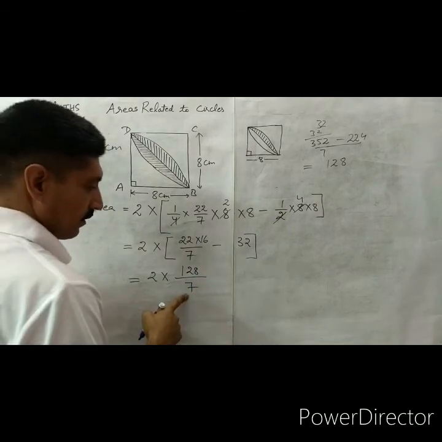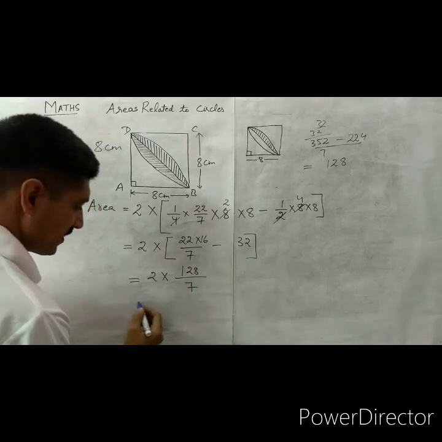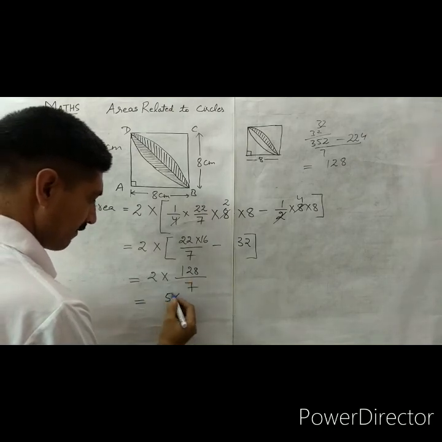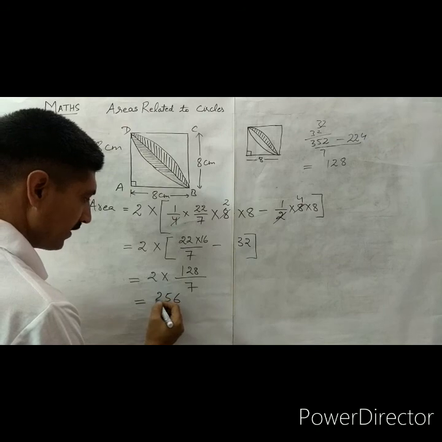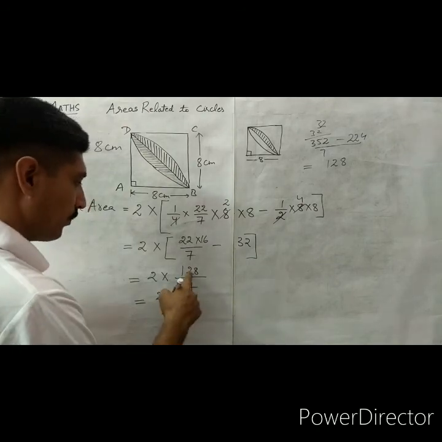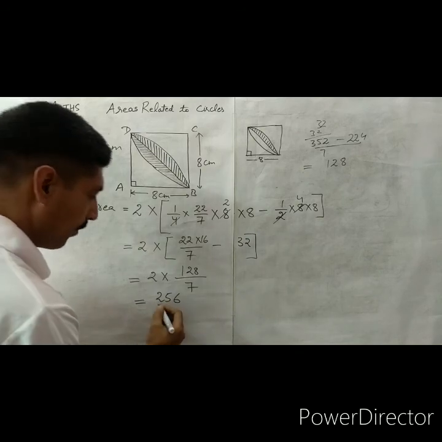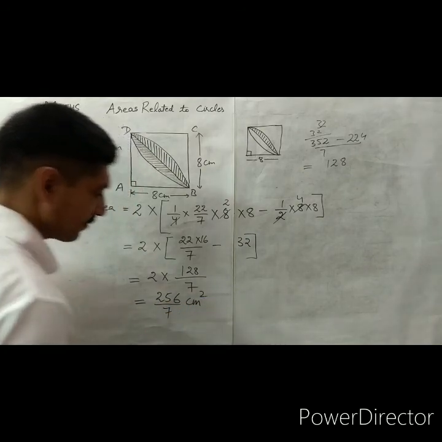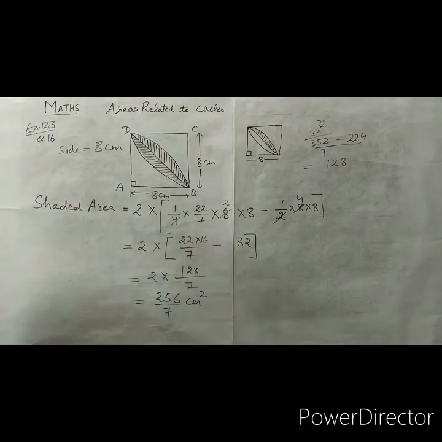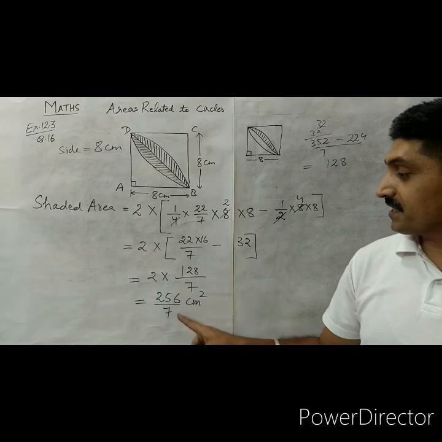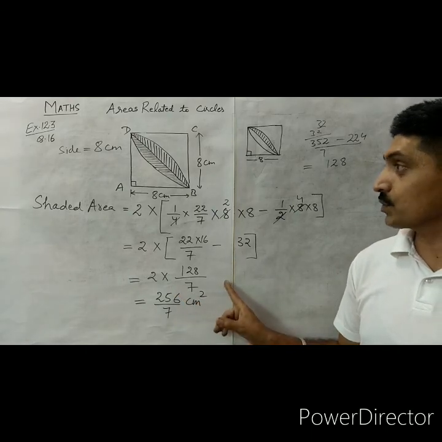So which is equal to 16, 5 and 2 here. 16, 4 plus 1, 5 upon 7 centimeter square. So here the shaded area is equal to 256 upon 7 centimeter square.